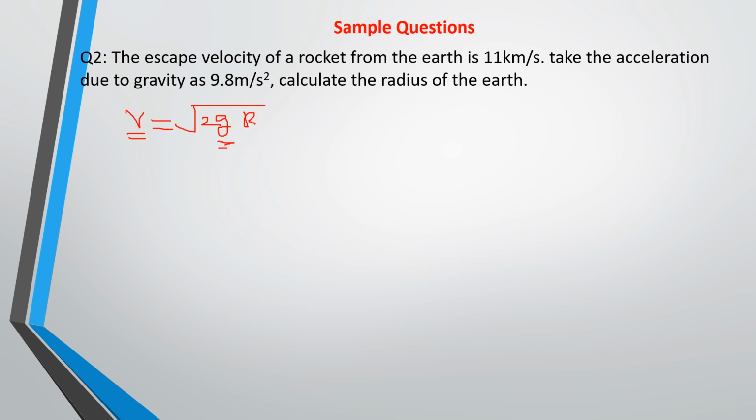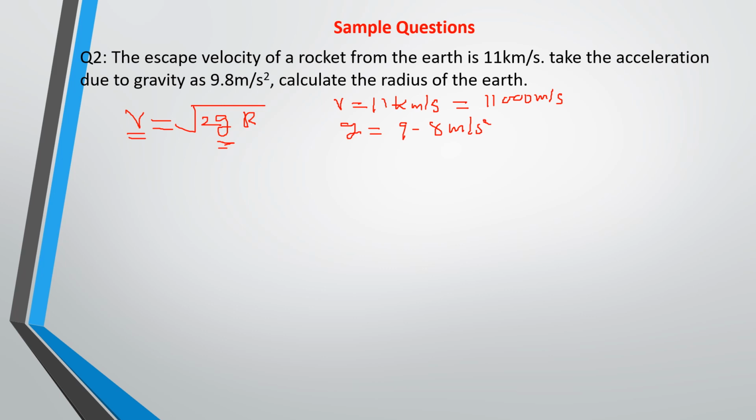Here you are given that velocity is equal to 11 kilometers per second. You have to convert this to meters per second by multiplying by 1000, so that gives you 11,000 meters per second. You are also given g to be equal to 9.8 meters per second squared.